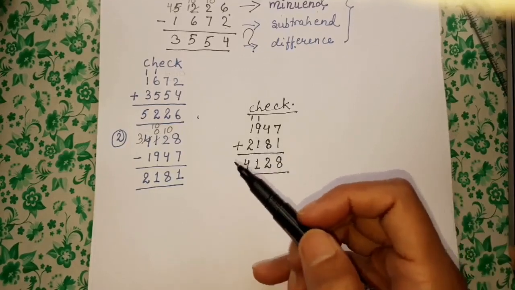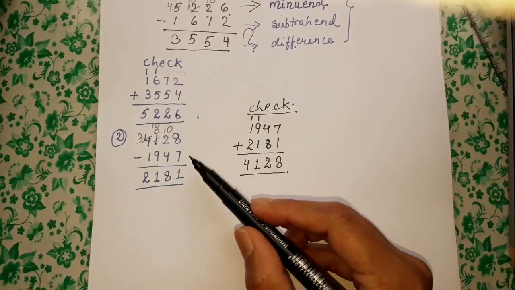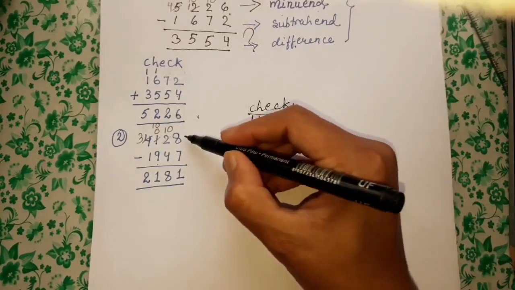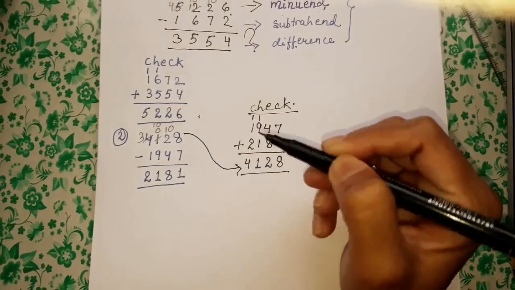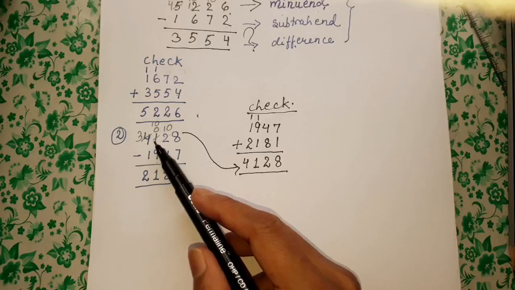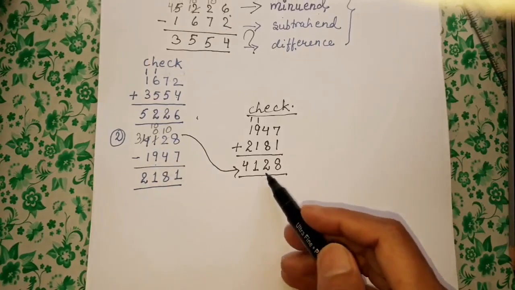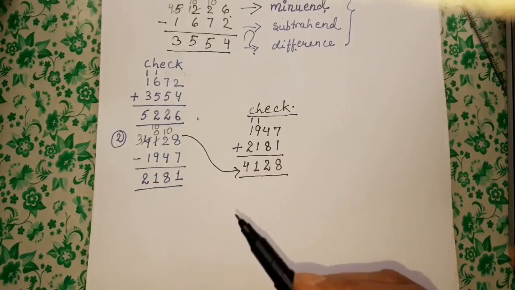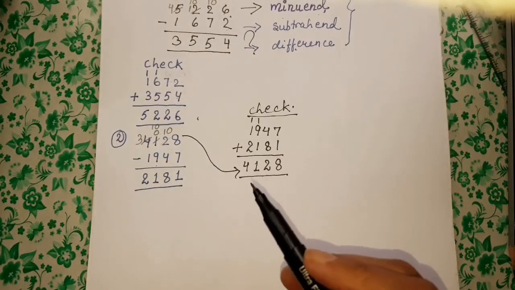So here when we add subtrahend and difference, we get our minuend. Our minuend is 4128 and here we get 4128. That means our subtraction is correct.